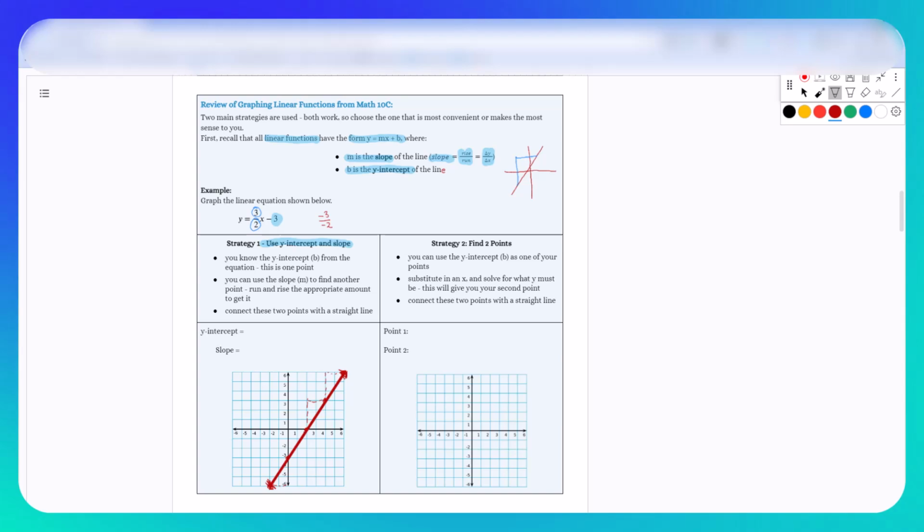So that's using the y-intercept and slope. Well, let's look at the next strategy. The next strategy is to use the equation to find 2 points. You can use the y-intercept of b, but then you can substitute in an x and solve for what the y must be. This will give you 2 points that you can connect with a straight line.